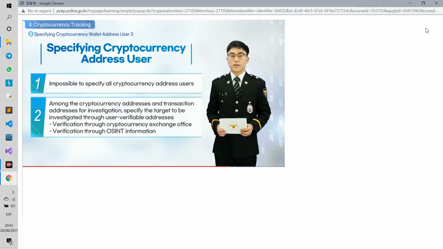Among the addresses with these transactions, if it includes a cryptocurrency exchange office or if the user is verified using the OSINT information, the user of the cryptocurrency targeted for investigation can be specified through the user who had a transaction with the cryptocurrency address targeted for investigation.